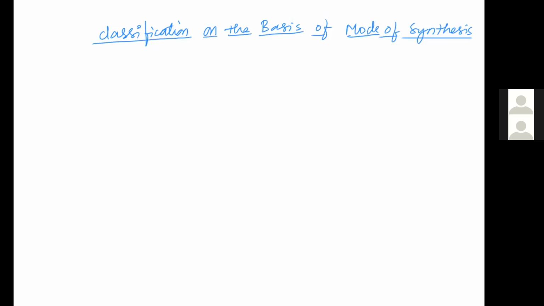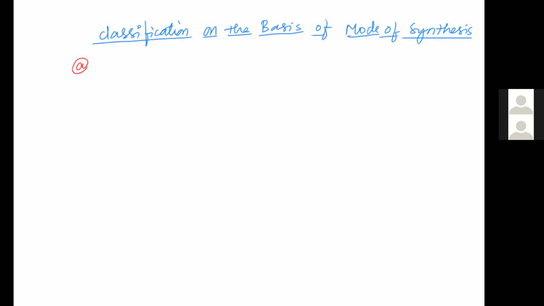I can go for anyone. Now, it's a classification on the basis of mode of synthesis.